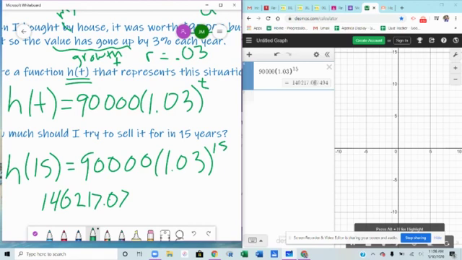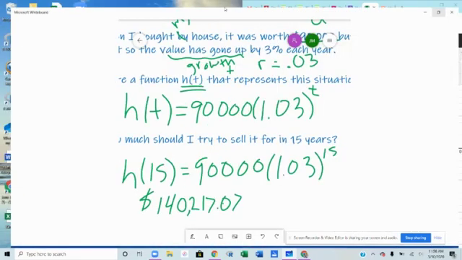Let me fix, that should be a 0 and it looks kind of like a 6. So how much did I sell my house for after 15 years? $140,217.07 is how much I should sell it for after 15 years.